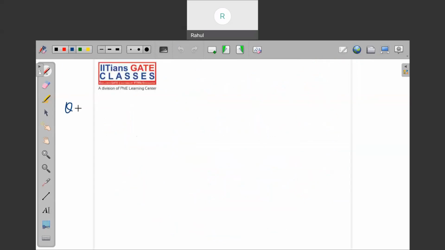So let us take question number 2. The question is framed differently this time. The first question was the value of the magnitude of the gradient that you calculated.